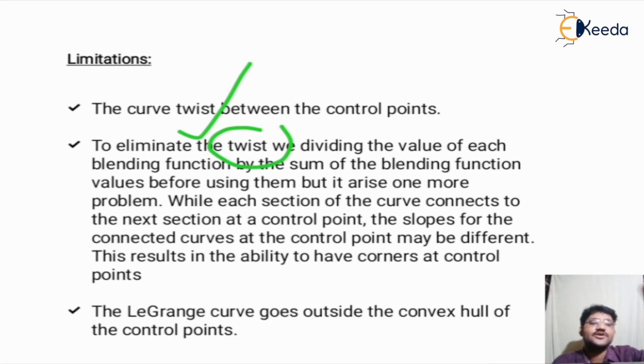That is, corners are not smooth. The next limitation of Lagrange interpolated curves is that the curve goes outside the convex hull of the control points.